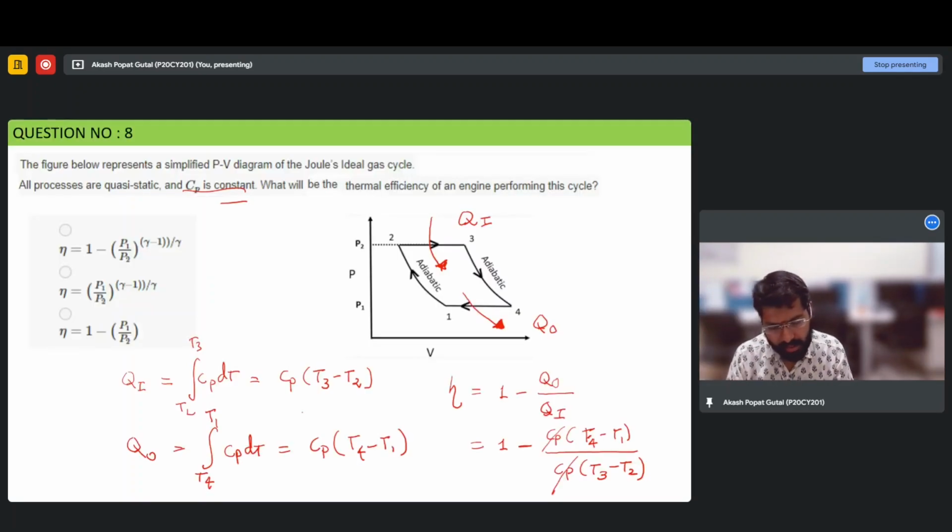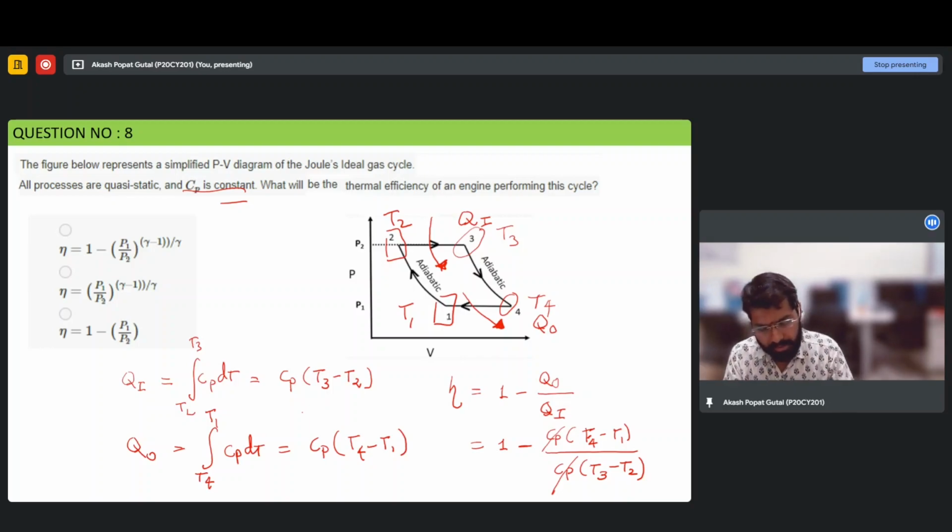But as we know, there is a relation between T3 and T4, and similarly T2 and T1, because they are connected by adiabatic processes.